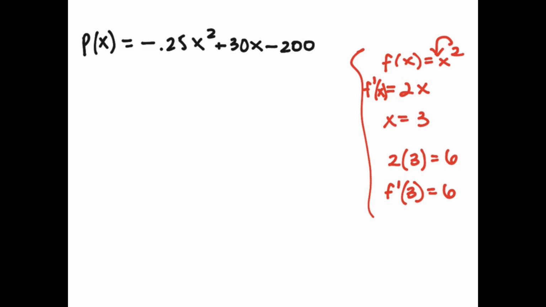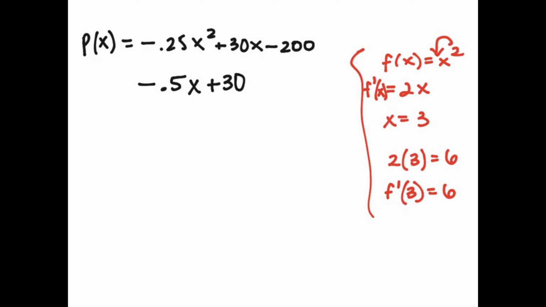So we're going to be doing the same rule here, and we're going to be figuring out the derivative. So if I take the derivative, I know it's going to be negative 0.25 times 2, which is 0.50, so 0.5. I subtract 1 from the original exponent, which gives me 1, plus, and then if I bring down the original exponent from the x, in this case for the 30x, I know that the x has an imaginary 1, so 1 times 30 is 30, and then I used to have an exponent of 1, and if I subtract 1 from that exponent, I get 0, and anything raised to the 0 power is 1.